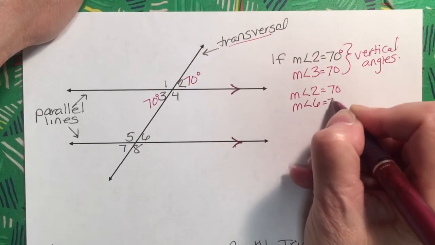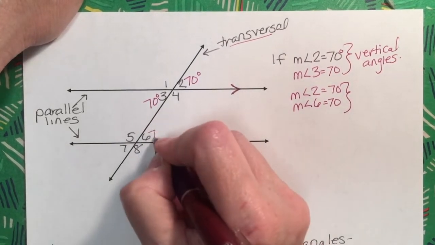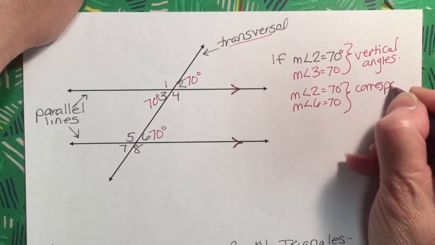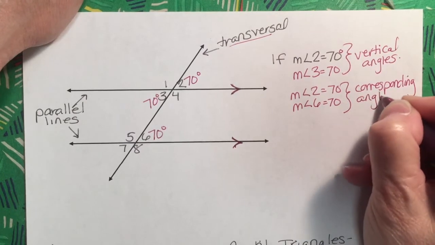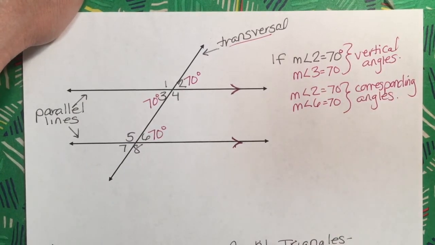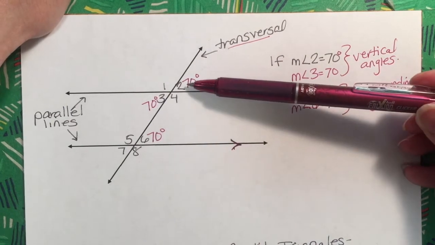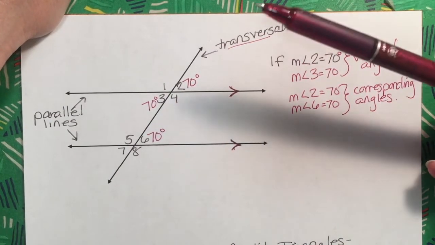Okay, so if angle 2 is 70, we also know that angle 6 measures 70 degrees. And the reason we know that is because angle 2 and angle 6 are what is called corresponding angles. And what that means is that angle 2 and angle 6 are the angles that are in the same position. They're just moved to a different parallel line. So picture you're up here at angle 2. If you move down, it's like going down an escalator in a mall, right?